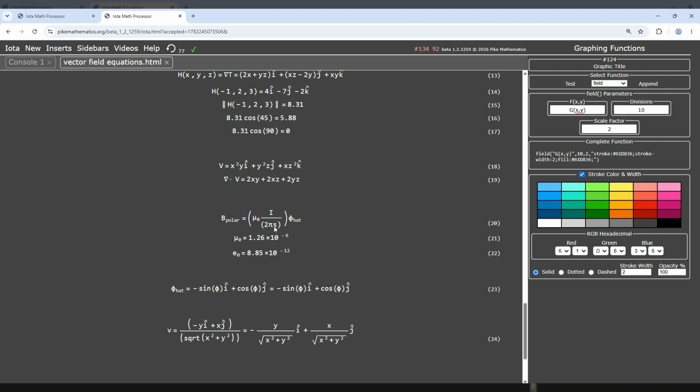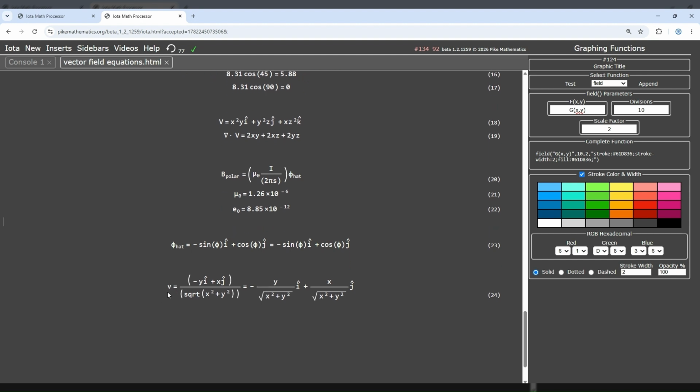Okay, so back to this field, we need to convert this back to Cartesian. Right now, it's in cylindrical coordinates. This is what that phi hat looks like. If you want to, you can substitute that out with this unit vector v, and so we can get something like this.